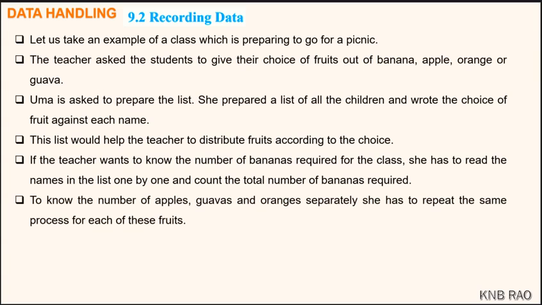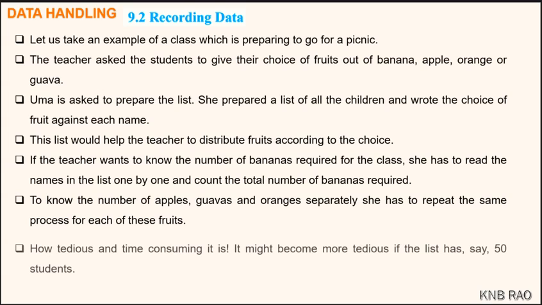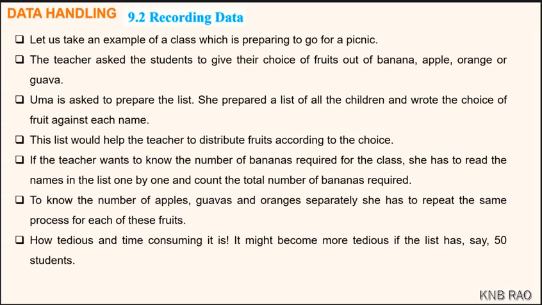To know the number of apples or guava or oranges separately, she has to do the same job. This process is a repetitive one and obviously it's a tedious and very time-consuming job too. It might become more tedious if the list has, say, about 50 students.